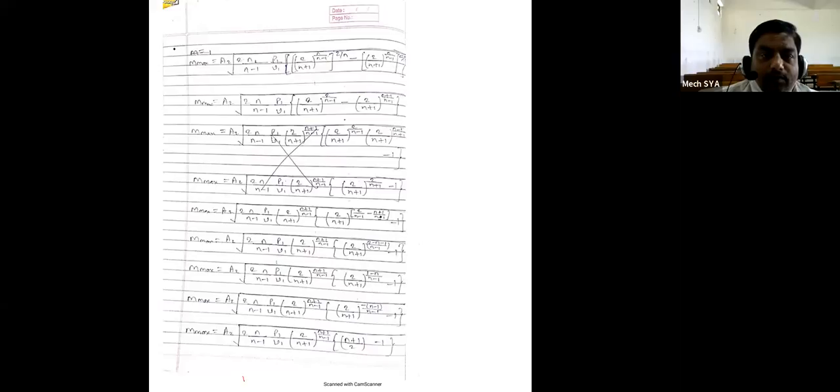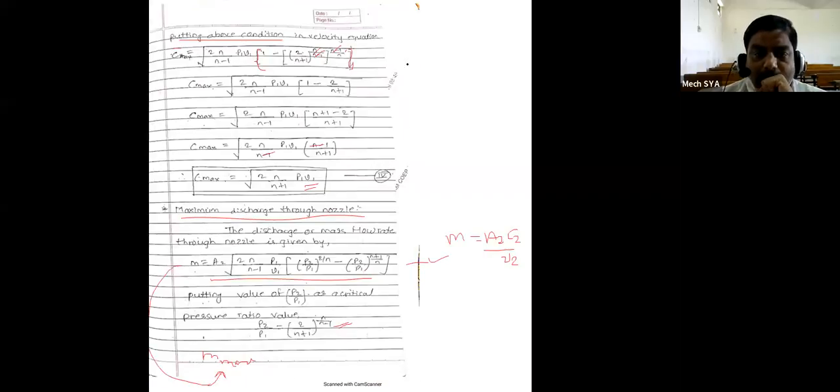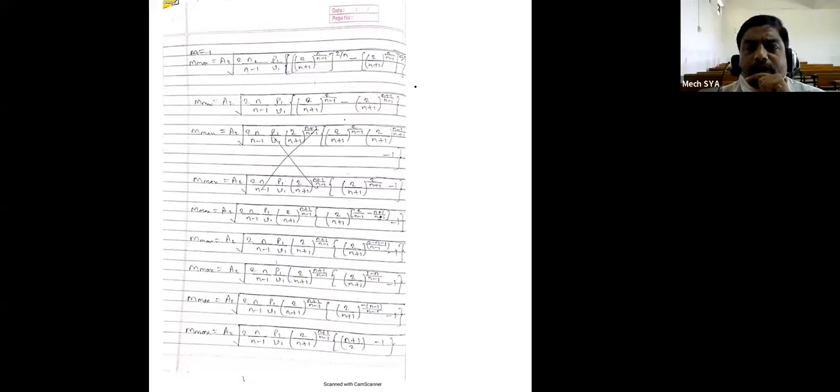Now this equation will become, concentrate: m max is equal to A2 into square root of 2 into n upon n minus 1 into P1 upon v1 into square bracket, where P2 upon P1 we put as 2 upon n plus 1 raised to n upon n minus 1, raised to 2 upon n, minus 2 upon n plus 1 raised to n upon n minus 1, raised to n plus 1 divided by n.